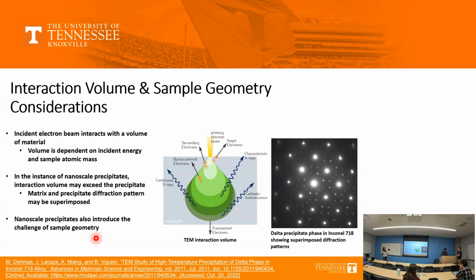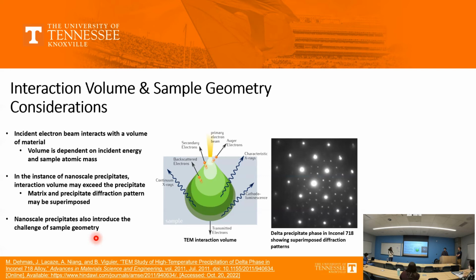This also introduces a cool concept: when you have nanoscale precipitates, you introduce interesting sample geometry problems. When you have a matrix with large grains, it's pretty easy to tilt and align to the zone axes you want without losing your sample.